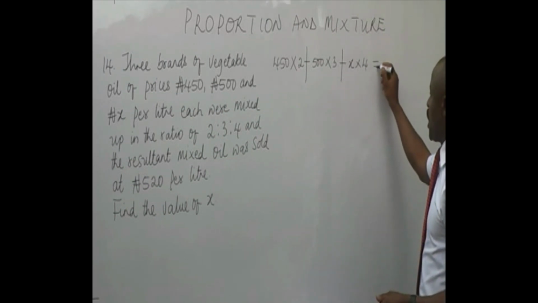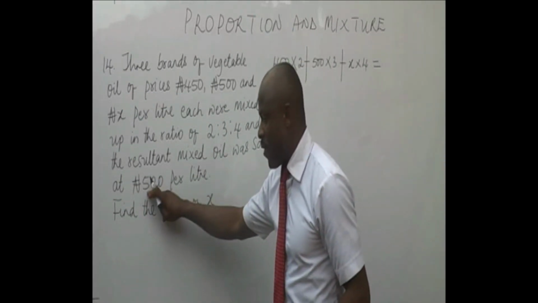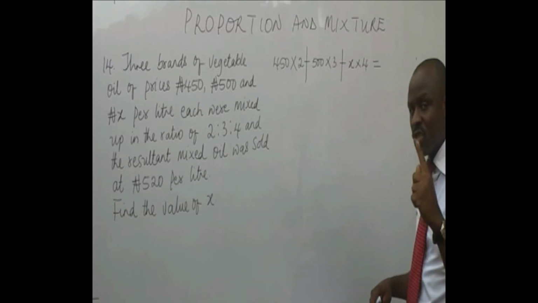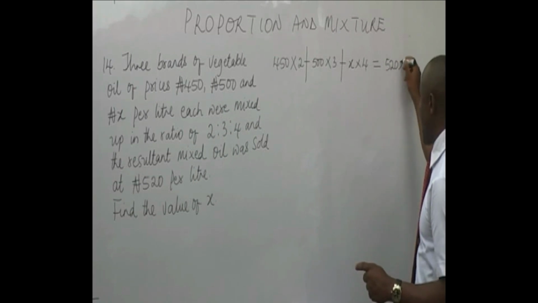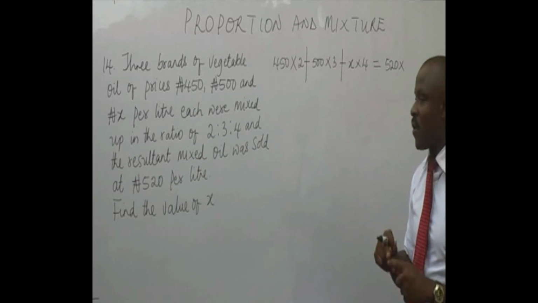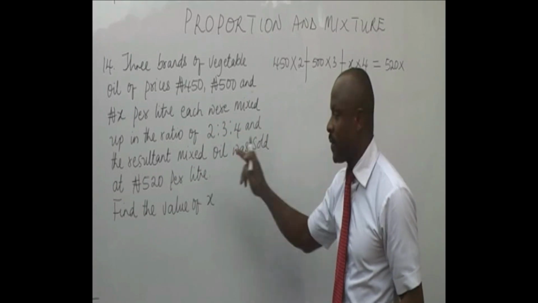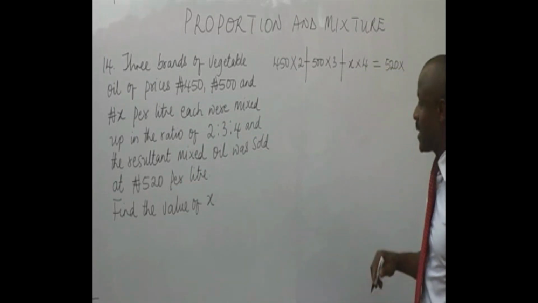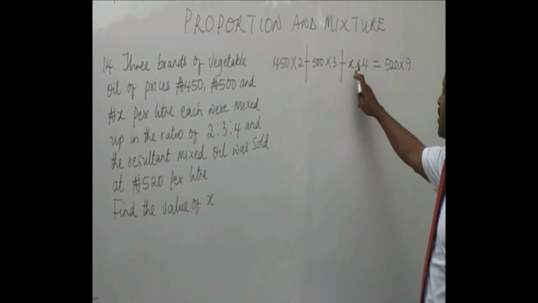And all these things will be equal to, when the mixture has been made, 520 is the amount one of the liters is sold. So I'm going to have 520 times the number of liters now which is in the mixture, which is equivalent to the sum of the ratio. 2 plus 3 is 5 plus 4 is 9. With this our equation, we can find x.